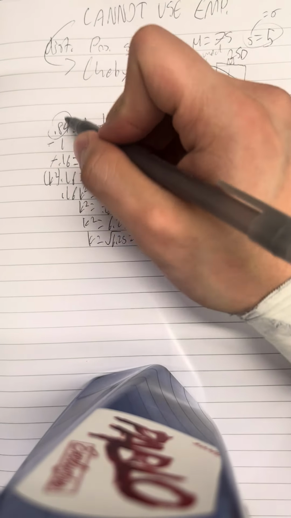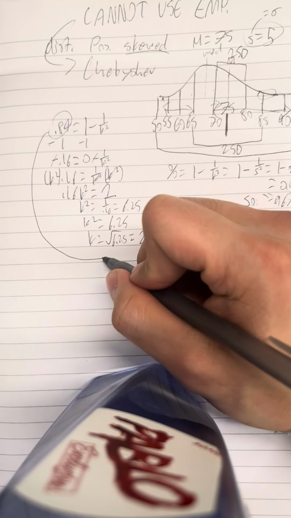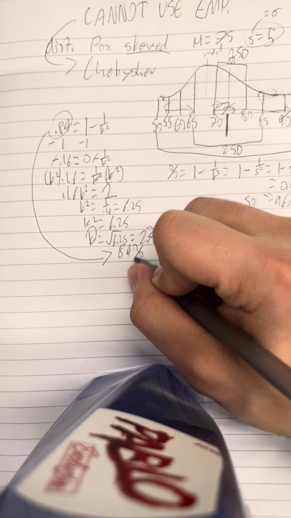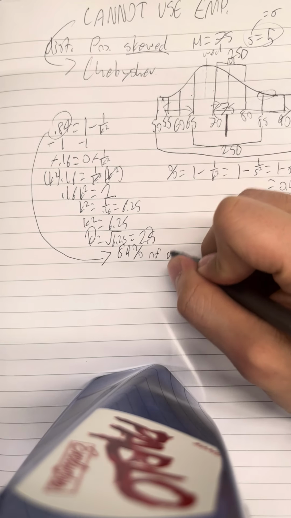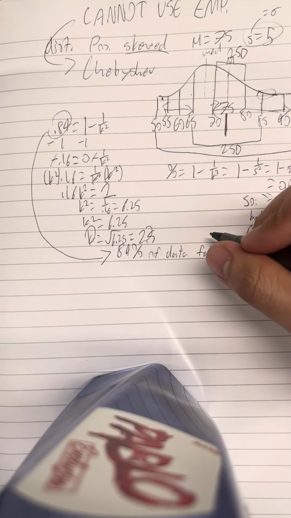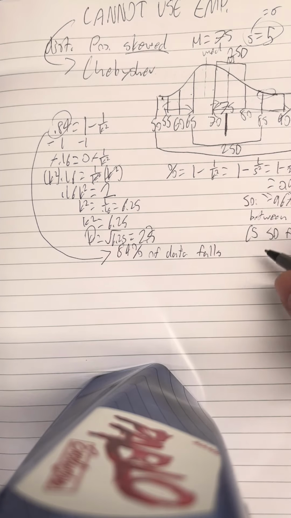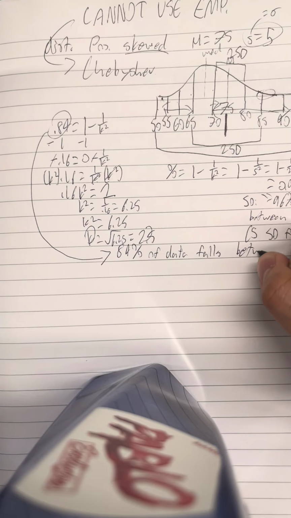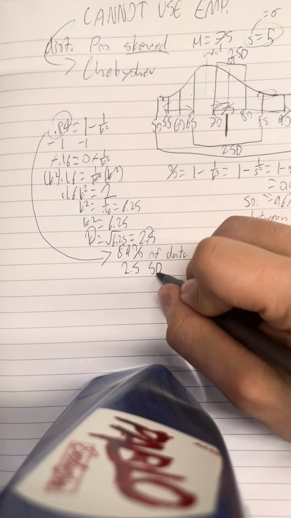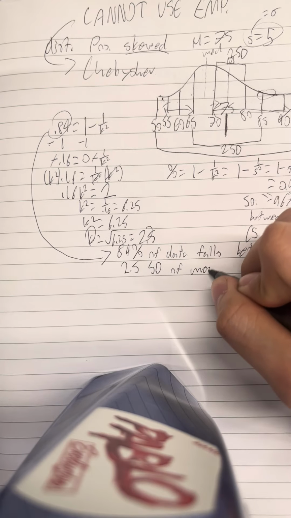So we have our original percent, we have our k value. This means that 84% of the data falls, remember this is just the definition of the theorem, between 2.5 standard deviations of the mean.